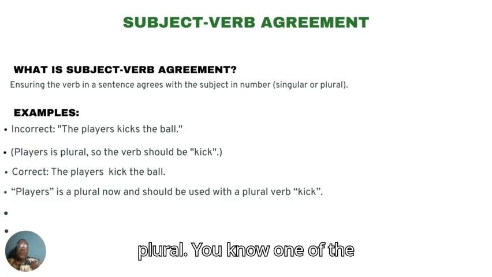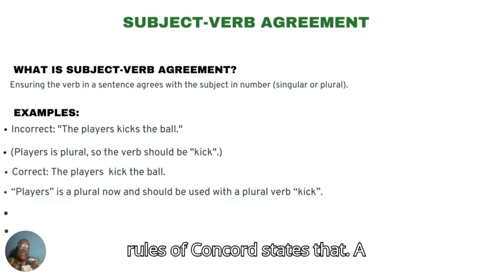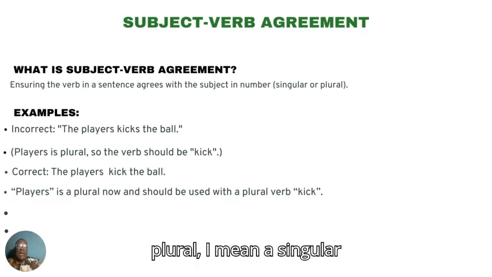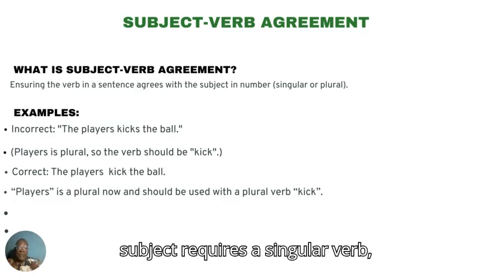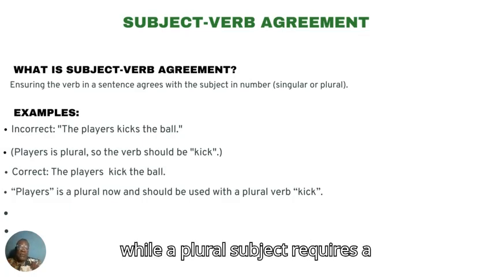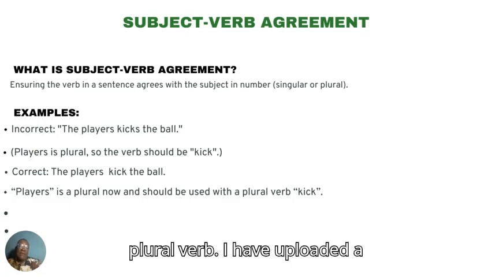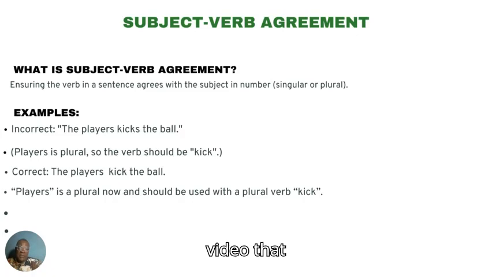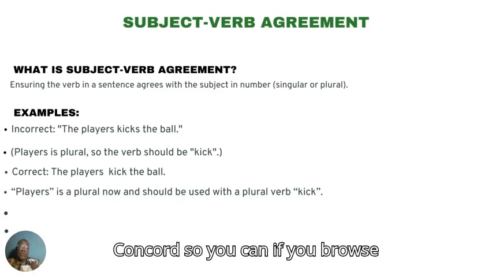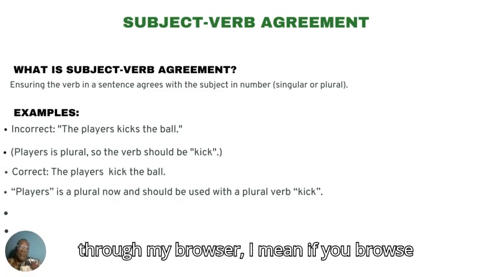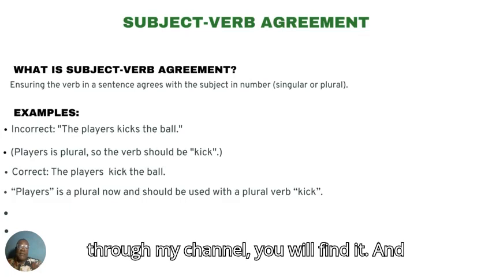One of the rules of concord states that a singular subject requires a singular verb, while a plural subject requires a plural verb. I have uploaded a video that discusses the 25 rules of concord. If you browse through my channel, you will find it.